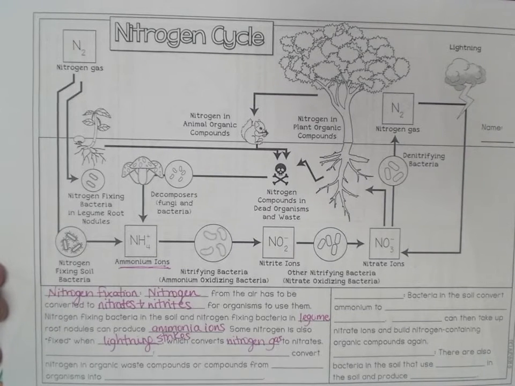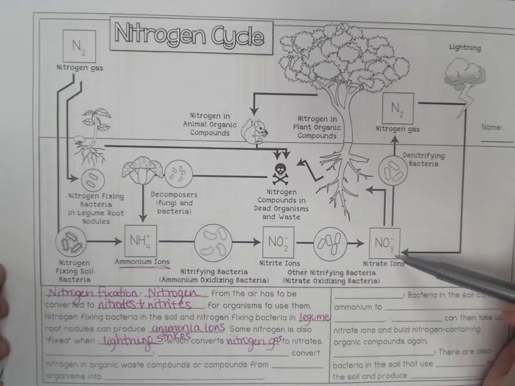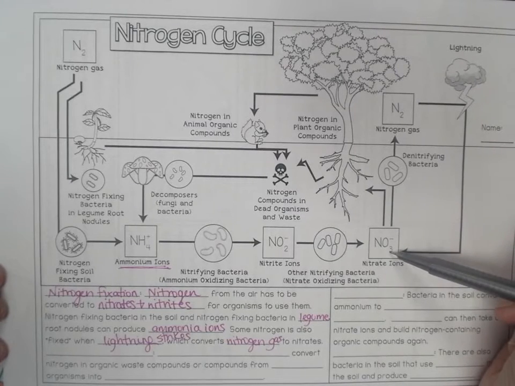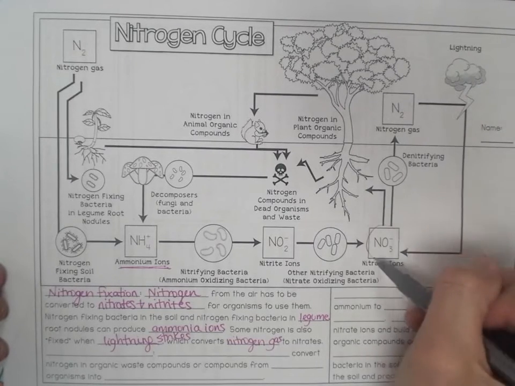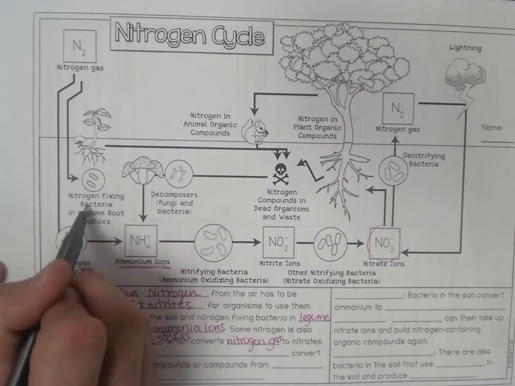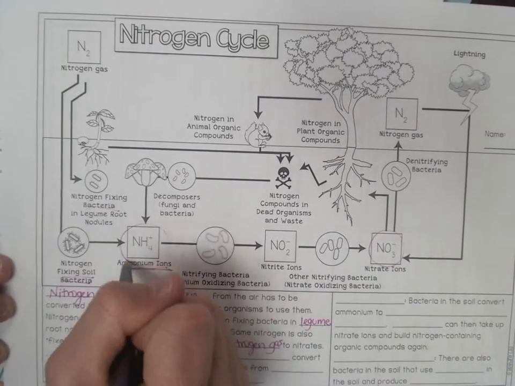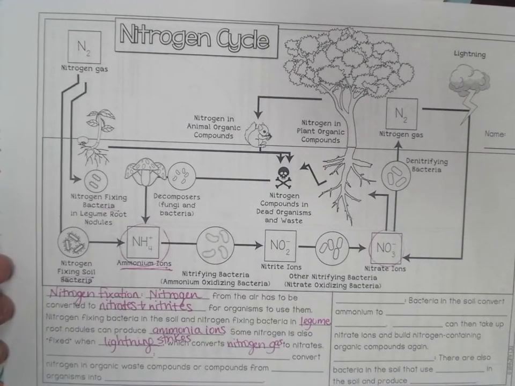So that's kind of step one. So we have over here you can see nitrogen gas. When lightning strikes, it can be converted to nitrate ions here. And over here you see nitrogen gas can be fixed by these bacteria in the roots or soil to create these ammonium ions. Okay, so that's where we're at. We're at ammonium ions or nitrate ions.